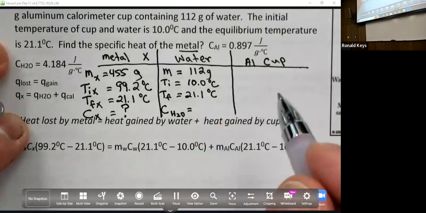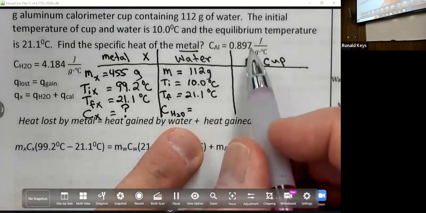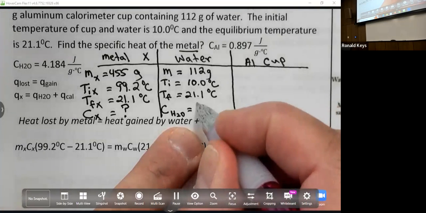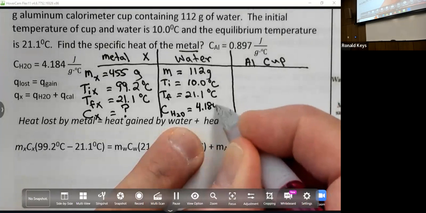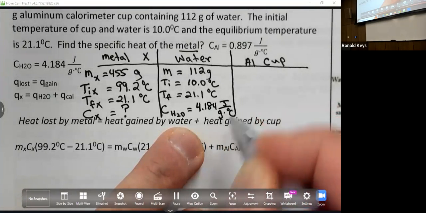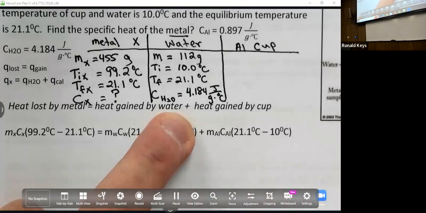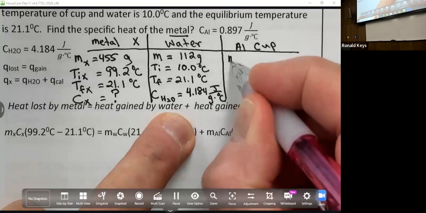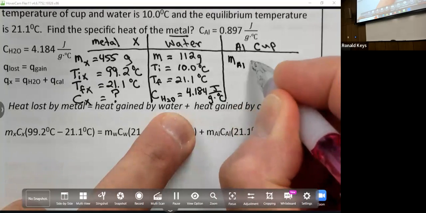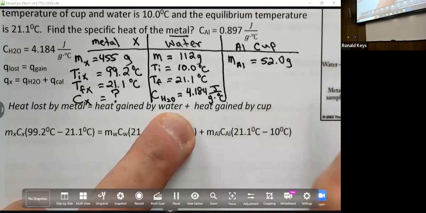And the specific heat of water, well, because we have the specific heat of aluminum in joules, 4.184 joules per gram degrees Celsius. Mass of the aluminum cup was 52.0 grams.